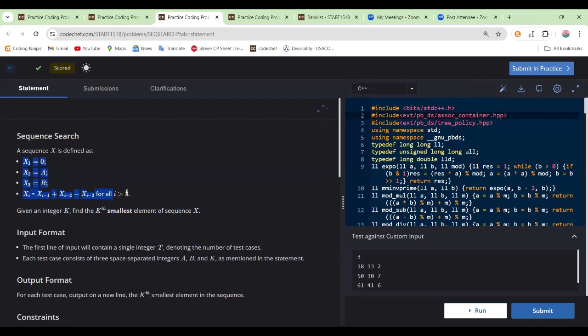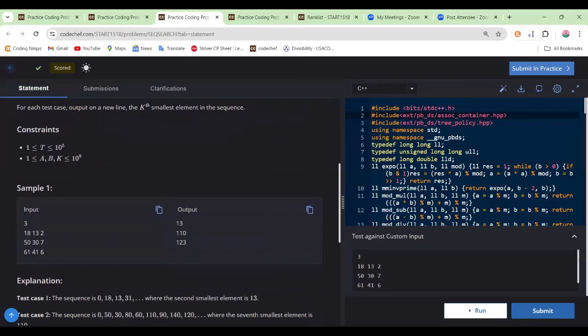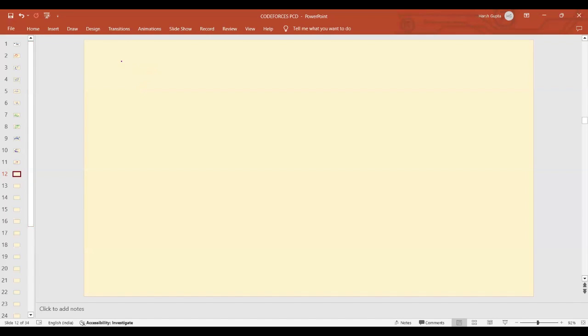If I simply elaborate this, the question is that you have to construct a sequence x, and x is something like this. The first number is 0, second is a, third is b, and any number after the third is written as xi equals xi minus 1 plus xi minus 2 minus xi minus 3. This is how the sequence is constructed. So the question says that you are given a number k, you need to find the kth smallest number in the sequence.